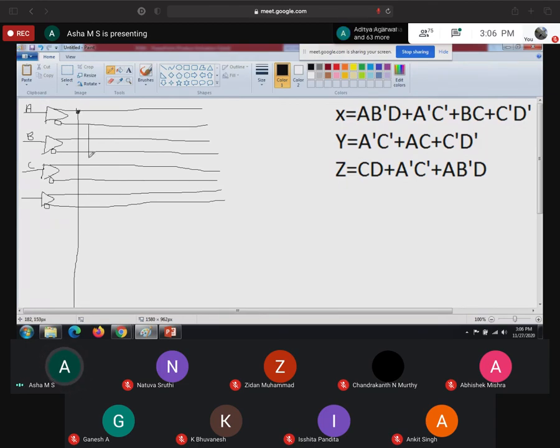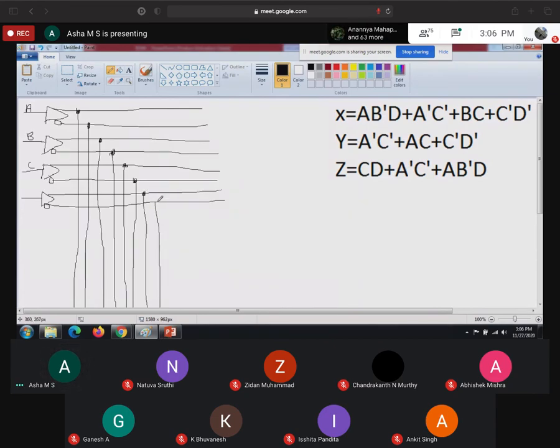This line gives A, this line gives me A bar, this line gives me B, and this line gives me B bar. Similarly C, C bar, D, and D bar.